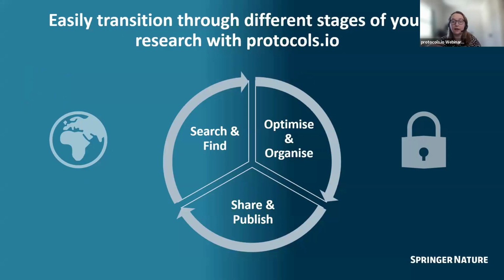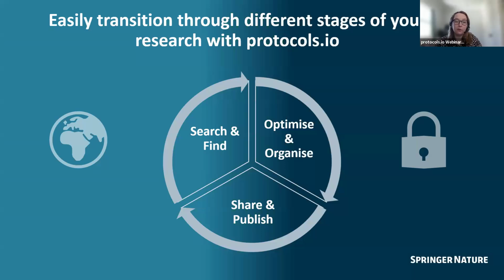So protocols.io is able to be there as you transition through the different stages of your research, whether you start on the public side to search and find protocols, which you can then optimize and organize, and then share and publish and feed back into the public side, or at any of these phases, starting and being part of the cycle. Protocols on the private side can be worked on and handled until you're ready to publish them.